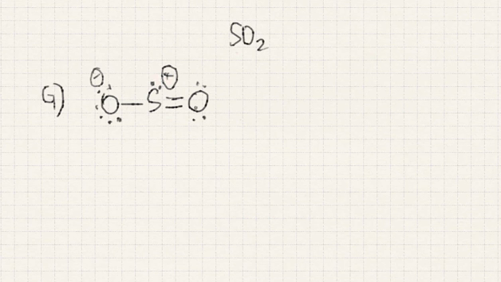However, you can see that both of the oxygens are equal. They make equal contribution. However, this one has a double bond, so we can switch it and make the other oxygen have that double bond.